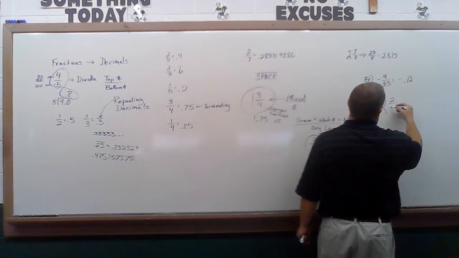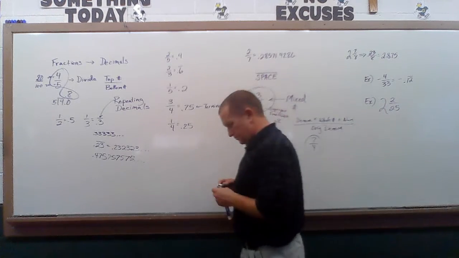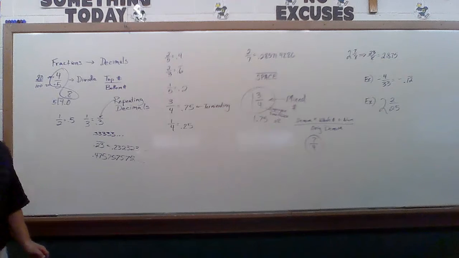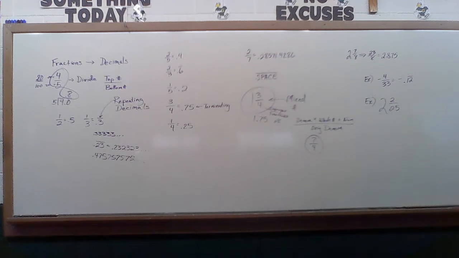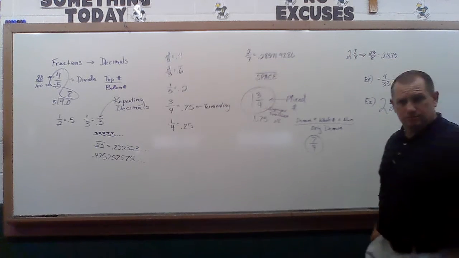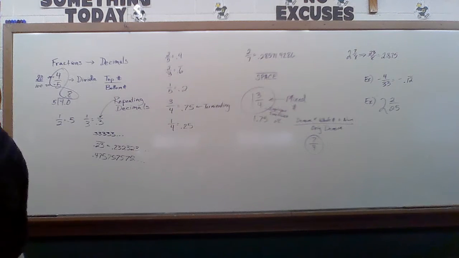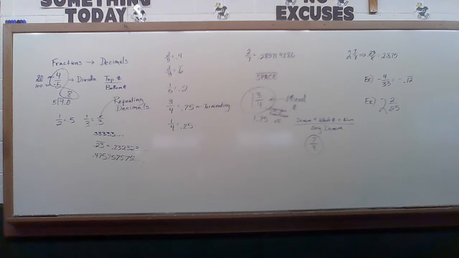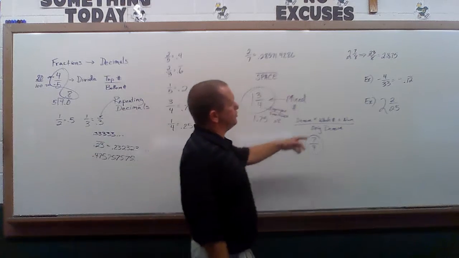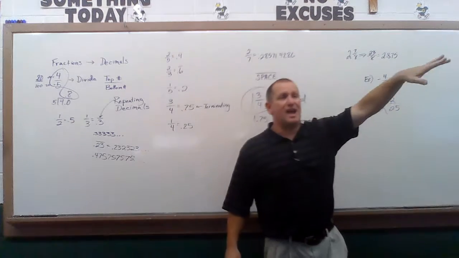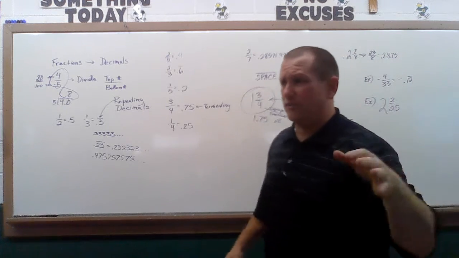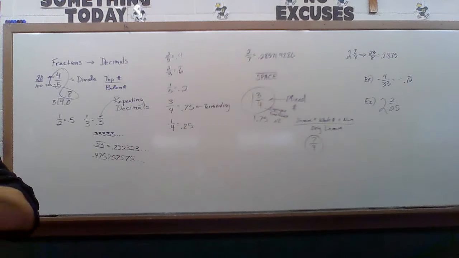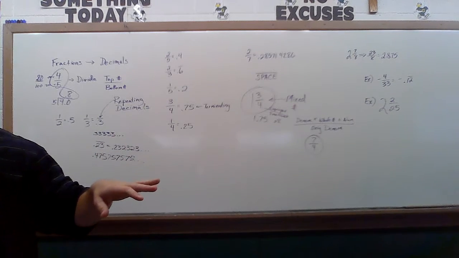Okay. Try 2 and 2 over 25. So first convert it into a mixed number, or sorry, into an improper fraction, and then figure out what it is as a decimal. Now, the reason that I urge you to turn all of these into improper fractions, from here on out, if you end up with a fraction answer, I would leave all of your answers as fractions and not use your calculator and turn them into decimals.